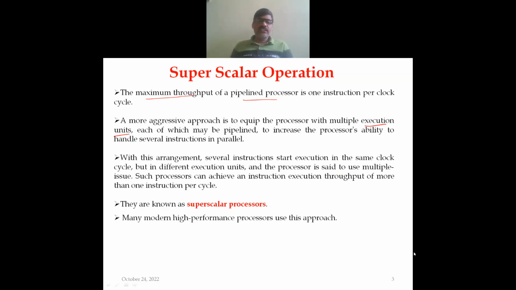With this arrangement, several instructions start execution in the same clock cycle, but in different execution units, and the processor is said to use multiple issues. Such processors can achieve an instruction execution throughput of more than one instruction per cycle. So this type of processor is called a superscalar processor. Modern high performance processors use this particular approach.